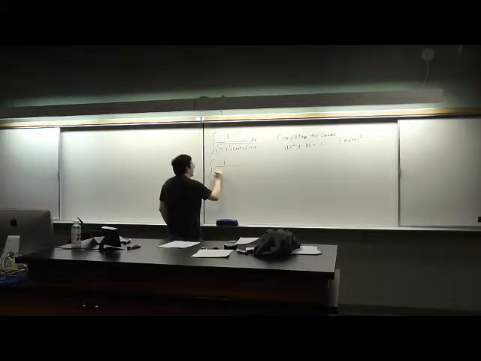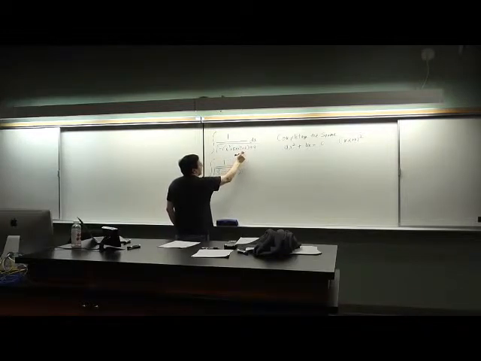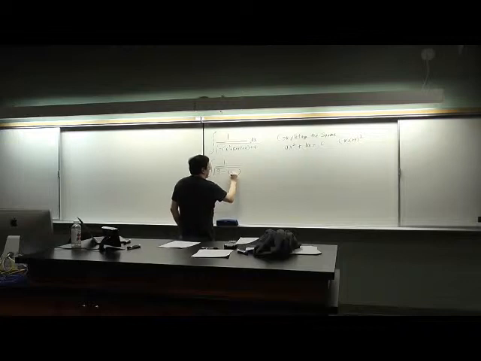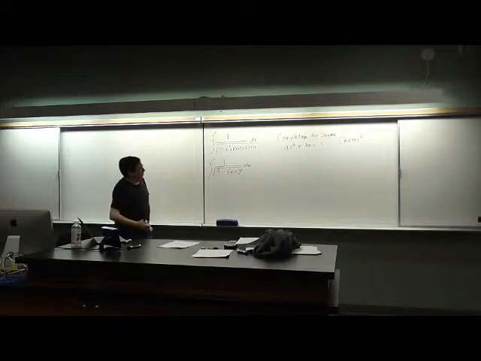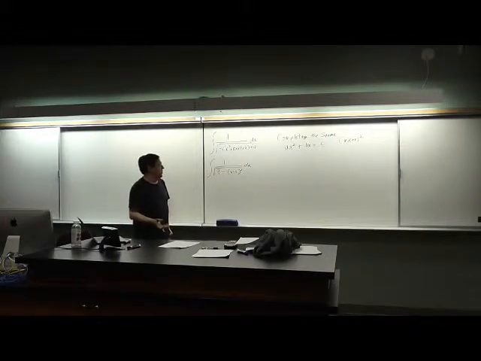1 over square root of 9 minus, now we have x squared plus 8x plus 16, which is a perfect square. So it's x plus 4 squared. And that's the form that completing the square puts us in. At this point, we have to do some substitution to get through this.